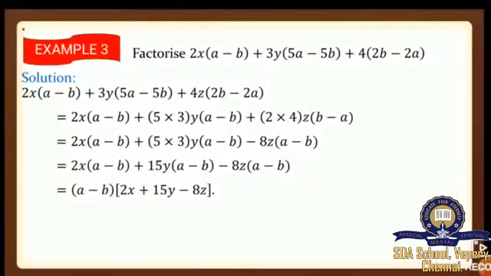Now you have a minus b commonly in all the terms, right? So taking a minus b commonly outside, the leftover terms will be 2x plus 15y minus 8z. So the solution for the given question is a minus b into 2x plus 15y minus 8z.